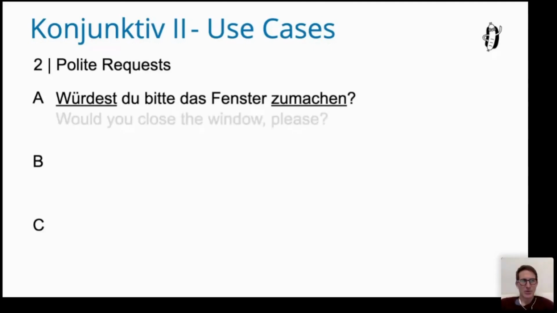So would you close the window, please? So it's a polite request, and the würde allows you to be polite. Well, you could also say that in a rough language, like, würdest du bitte das Fenster zumachen? And you get from my tone that that's not polite at all. I'm pretty annoyed. So it's rather the tone that makes the difference, but in written form, and if you say it with a smile, this is the polite form.